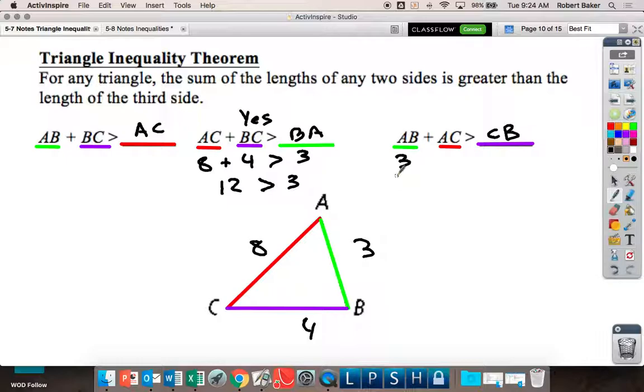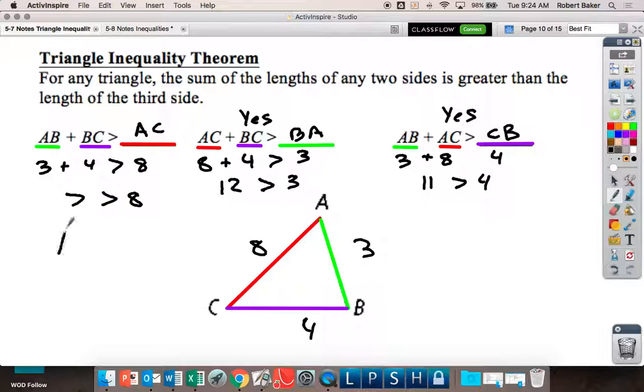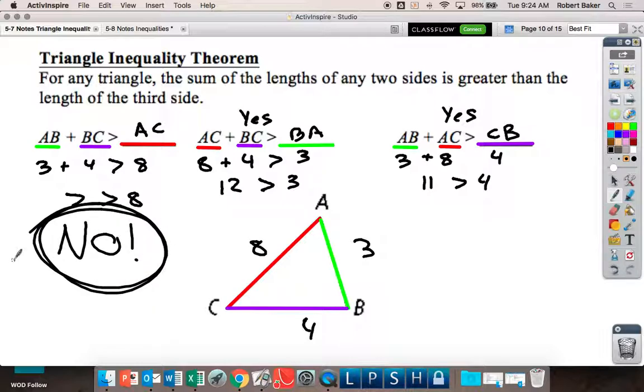What's red? 8. What's purple? 4. Is 11 bigger than 4? Okay, let's go back to the first one. What's green? 3. What's purple? 4. What's red? Is 7 bigger than 8? Does this triangle exist? No. This triangle does not exist.